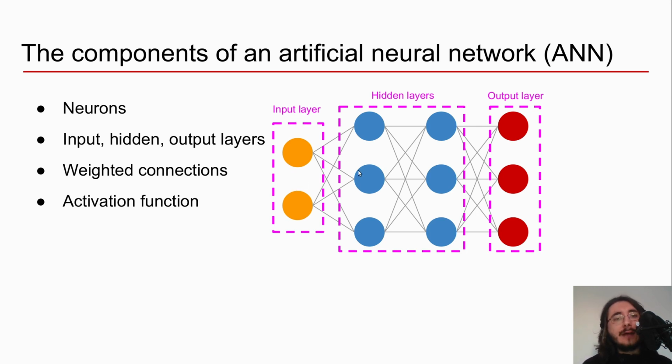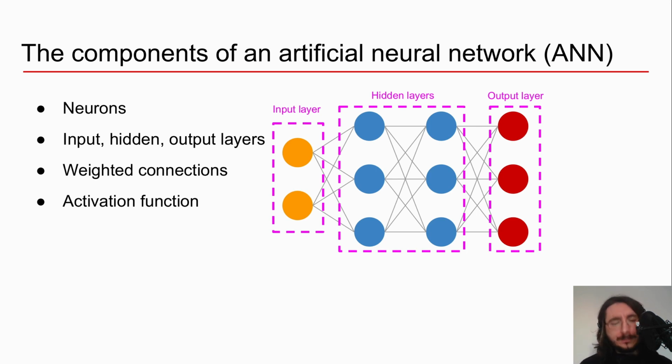Then we have a bunch of hidden layers, which are layers of neurons that are hidden because they are at the center within the topology of the neural network. And then we have an output layer, which is the layer that we use to get information out of the network.